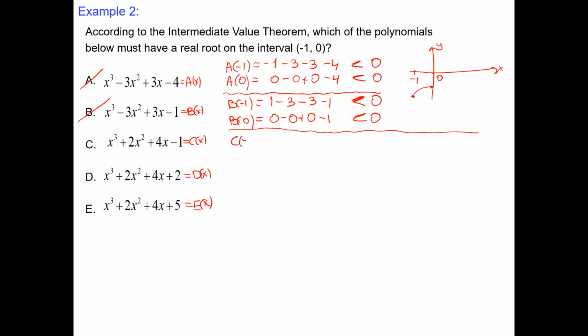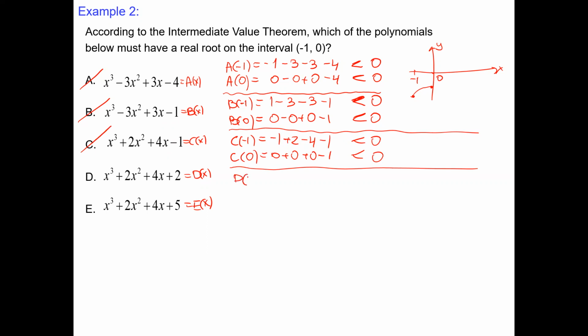Okay, C at -1. -1, +2, -4, -1. It's still negative. And C at 0, you can notice it's also negative. Both negatives, both below the x-axis, that's not a guarantee.